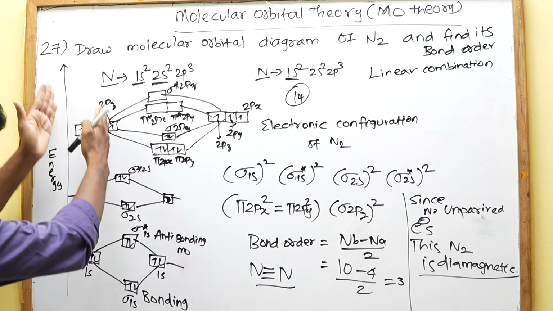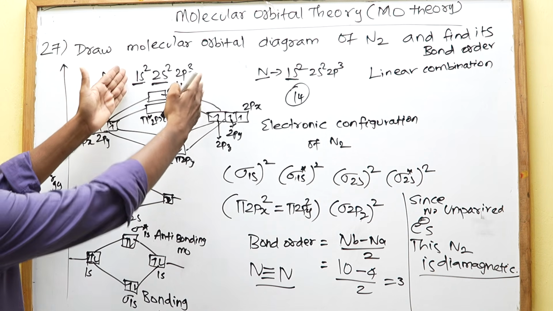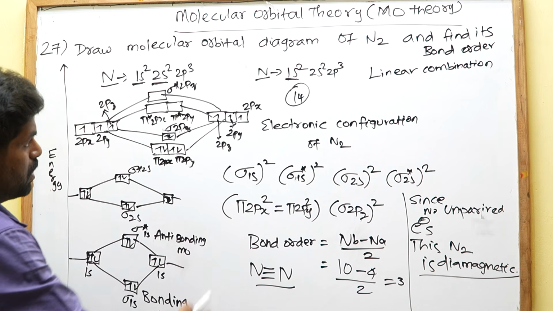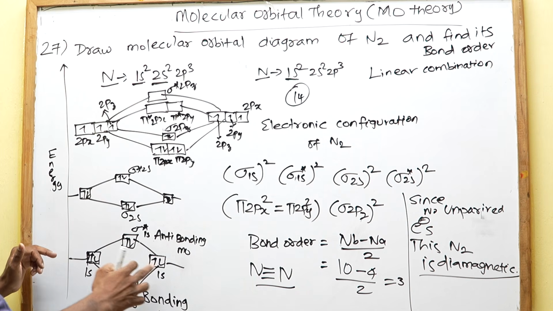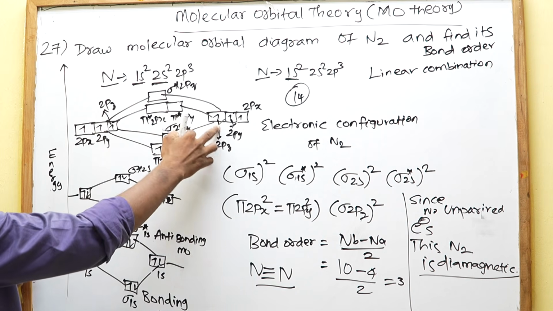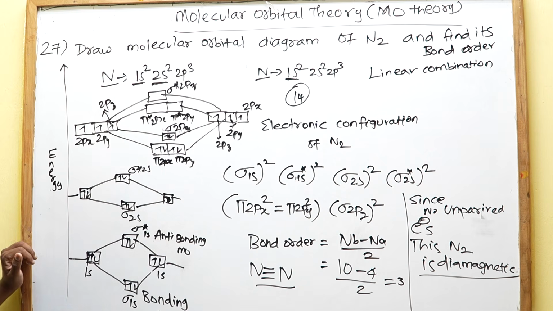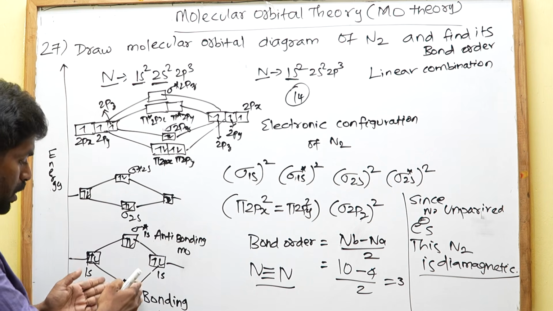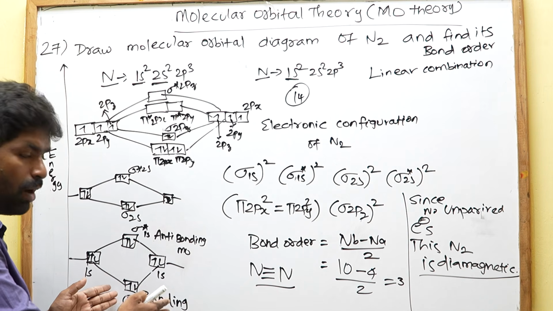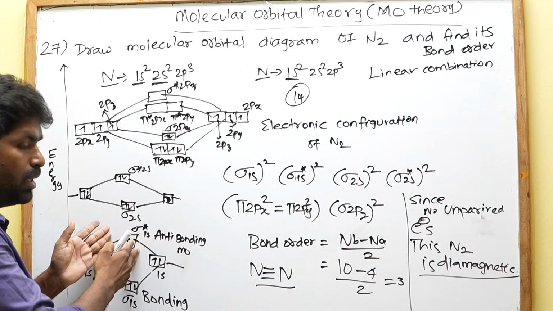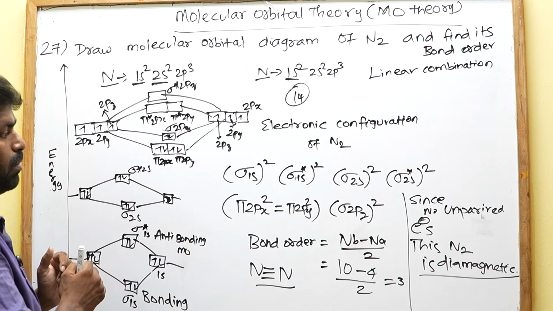On the left we have the atomic orbitals of one nitrogen, on the right the atomic orbitals of the other nitrogen. In the middle we have the molecular orbitals. Unlike atomic orbitals, where the energy levels are the same, the molecular orbitals split their energy. The lower energy molecular orbital is called the bonding molecular orbital, and the higher energy molecular orbital is called the anti-bonding molecular orbital.